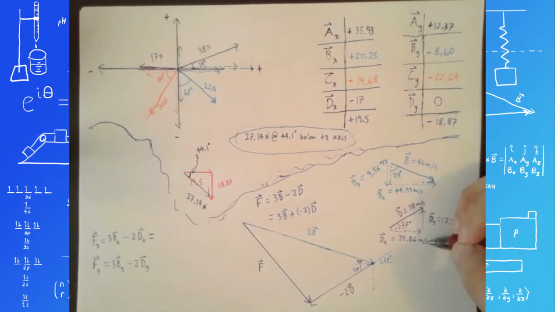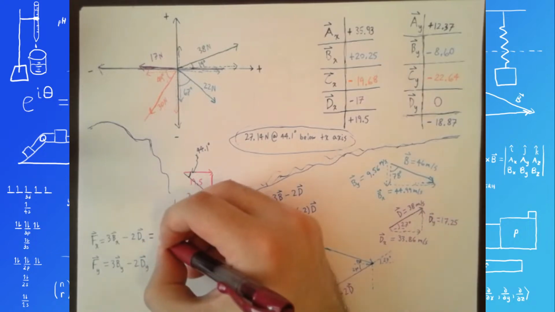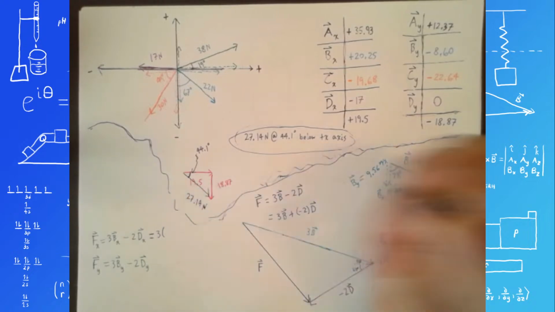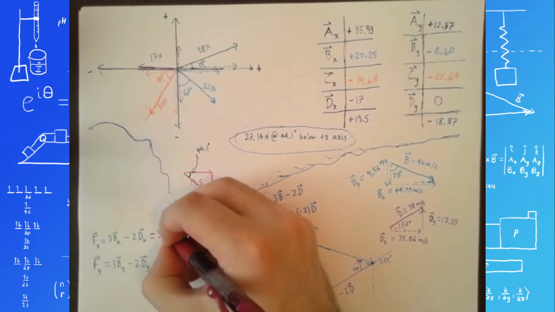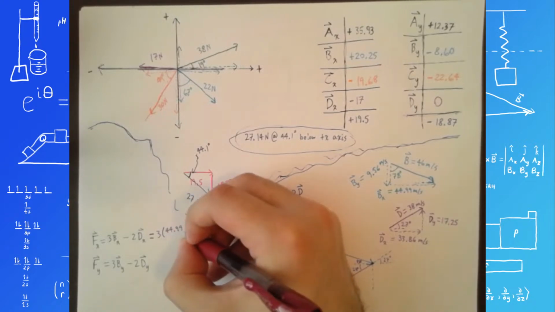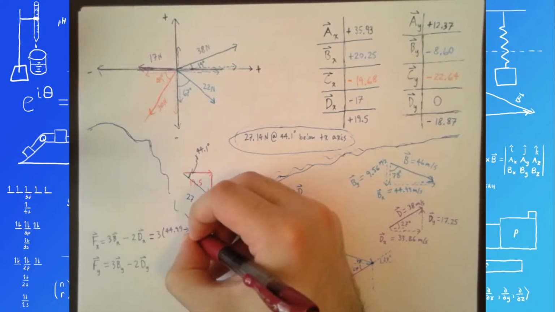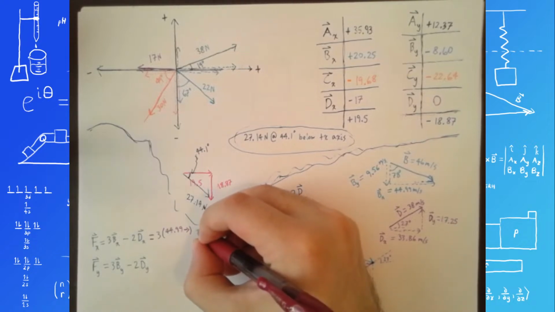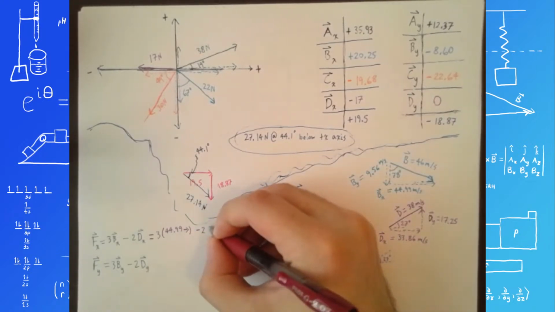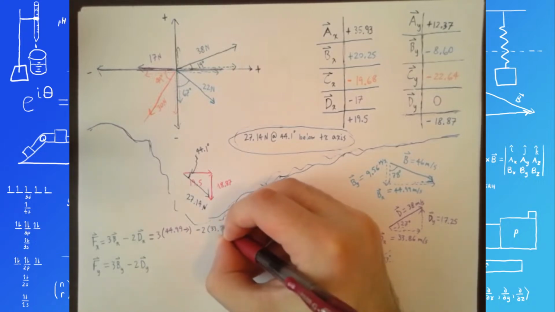Well, if I'm subtracting right, then that's the same as adding left. So I'll draw it this time as 3 of 44.99 right minus 2 of 33.86 right.